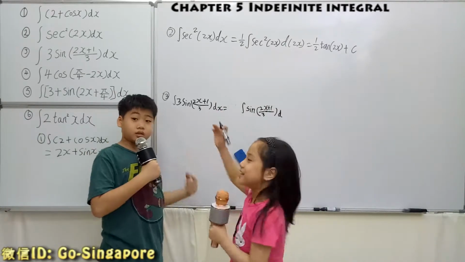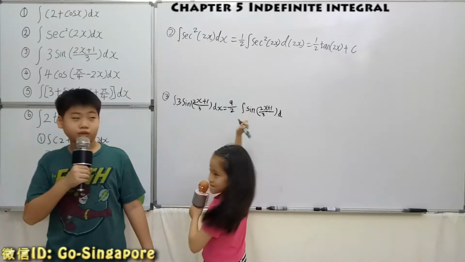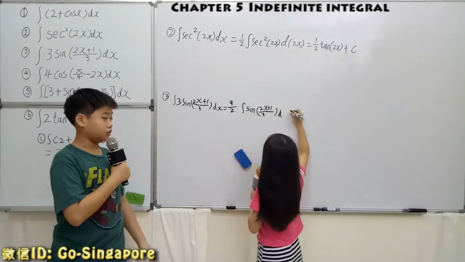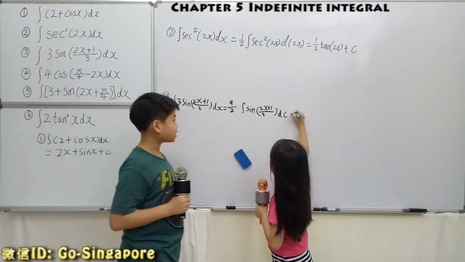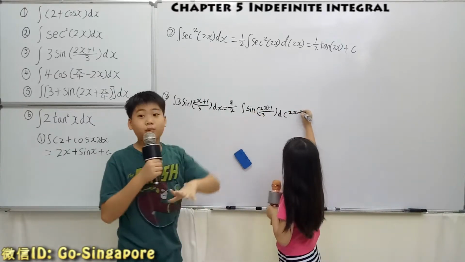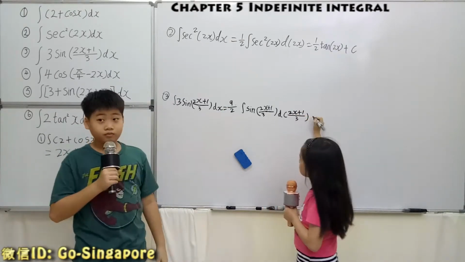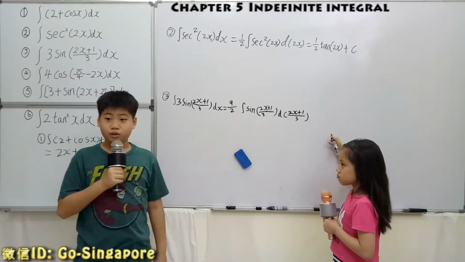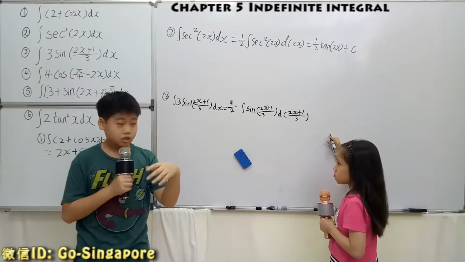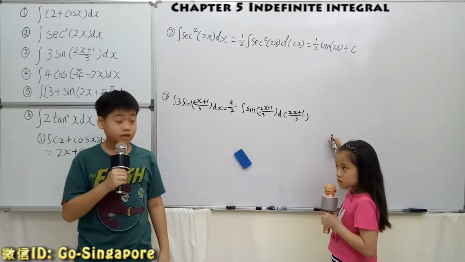So it's 3 times 3 over 2, which is 9 over 2. And remember, if you separate it, it's much clearer: 2x over 3 plus 1 over 3. Because that 1 over 3 is a constant, you don't need to care about it, and it's just 2x over 3. That's why you can take out a 3 over 2.